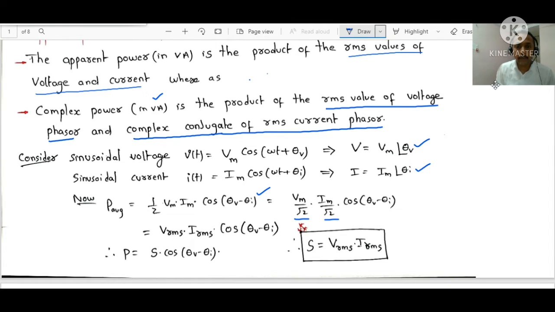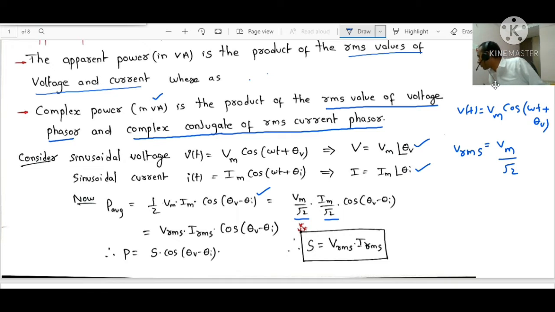Now already we have seen, for sinusoidal v(t) equal to Vm cos(omega t plus theta v), what about its RMS value? We have seen this derivation: Vrms is equal to Vm by root 2.